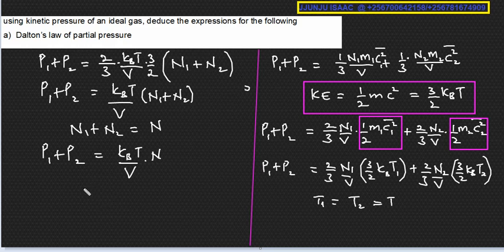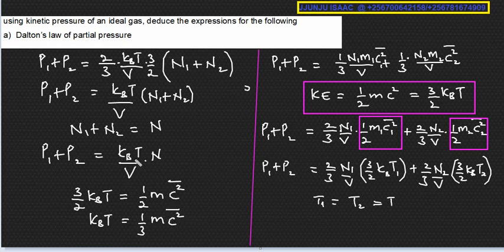But now we need to note that 3 over 2 kB T is the same as a half m c squared, implying that kB T will be equal to a third m c squared bar.